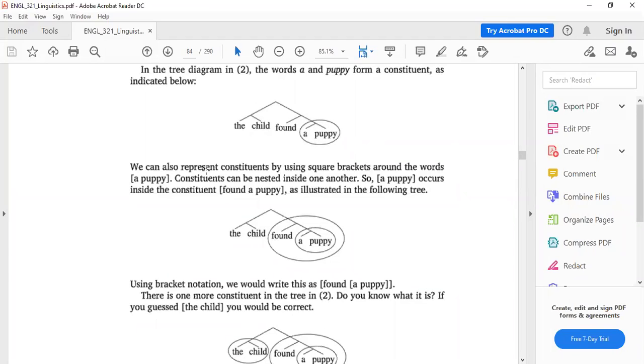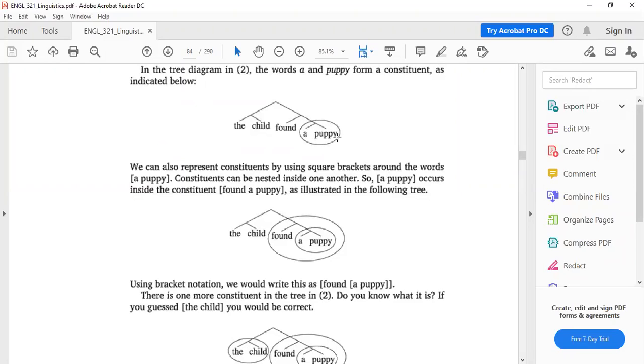We can also represent constituents by using square brackets. So if we put a puppy in square brackets, in syntax, square brackets mean constituent.